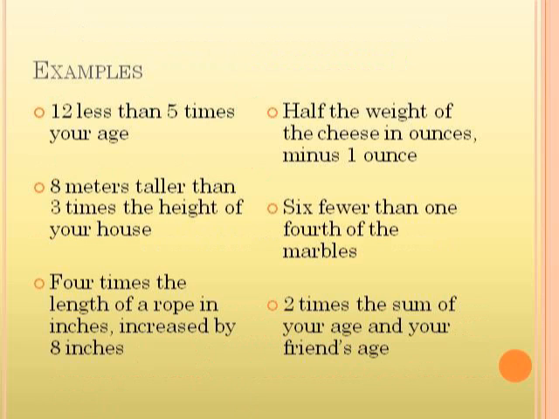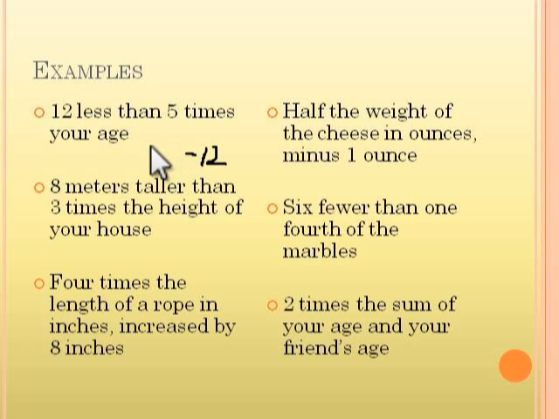12 less than 5 times your age. Okay, we learned on that other lesson that less than is a switch order subtraction. So we're going to have minus 12. What minus 12? 5 times your age.